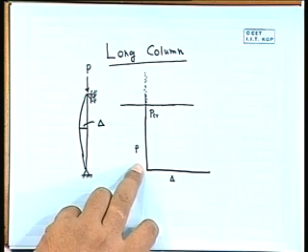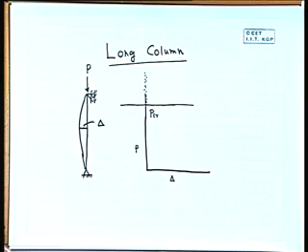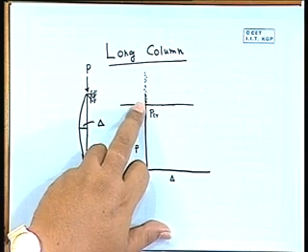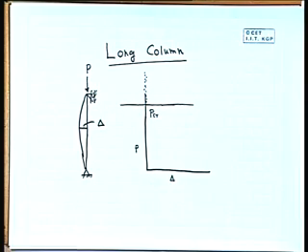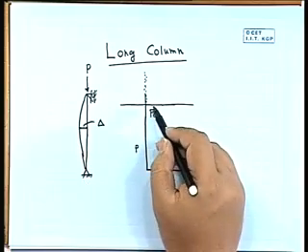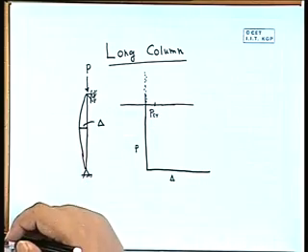So, normally if the load is in a lower range, there will be no delta. Now, it will come to a point P equal to P critical, then we will get a neutral equilibrium stage. Earlier it was a stable equilibrium. Now, at this level, if we give any displacement delta, it will stay.